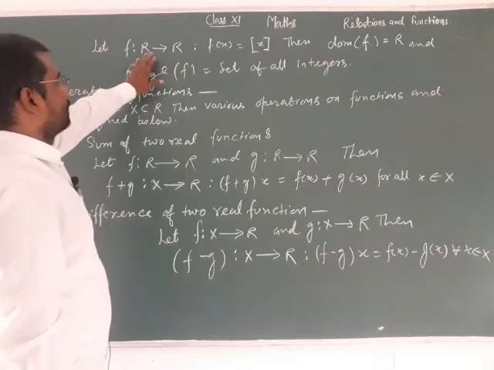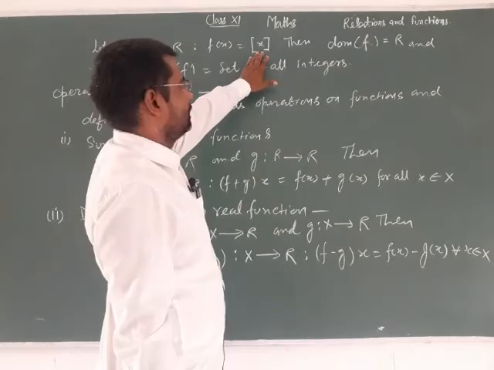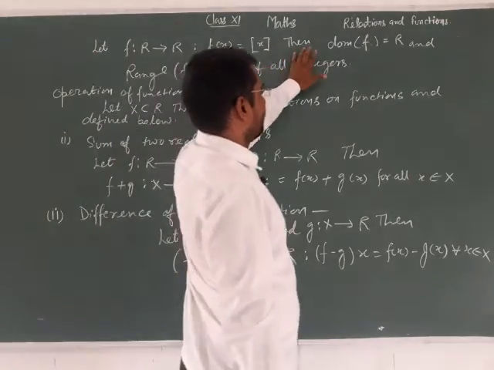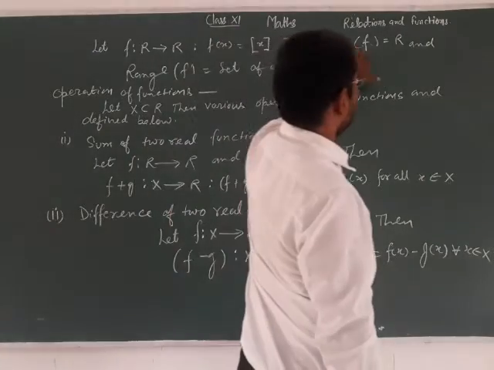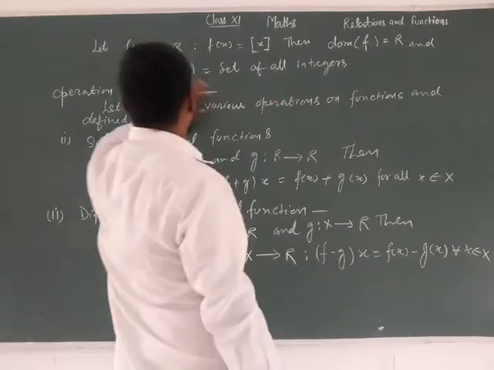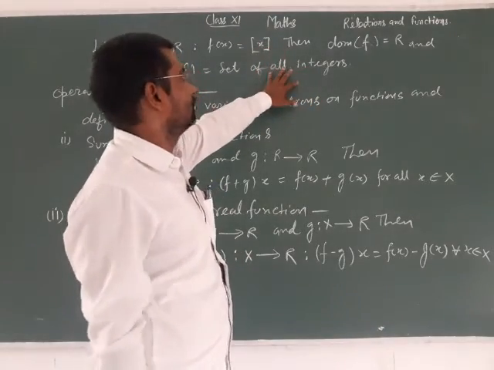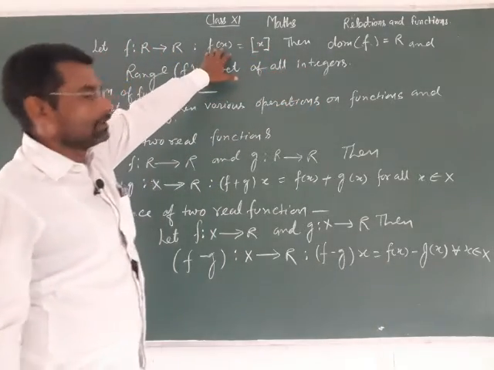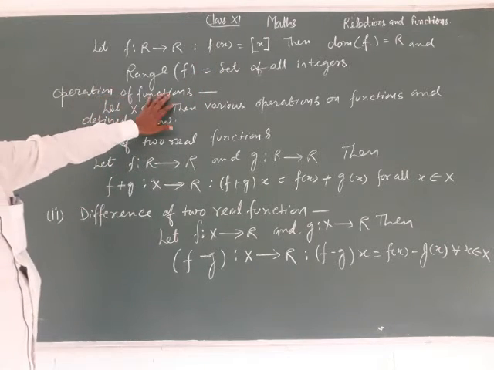Let F from R to R be such that F(x) is the greatest integer function, then domain F is equal to R and the range is the set of all integers.